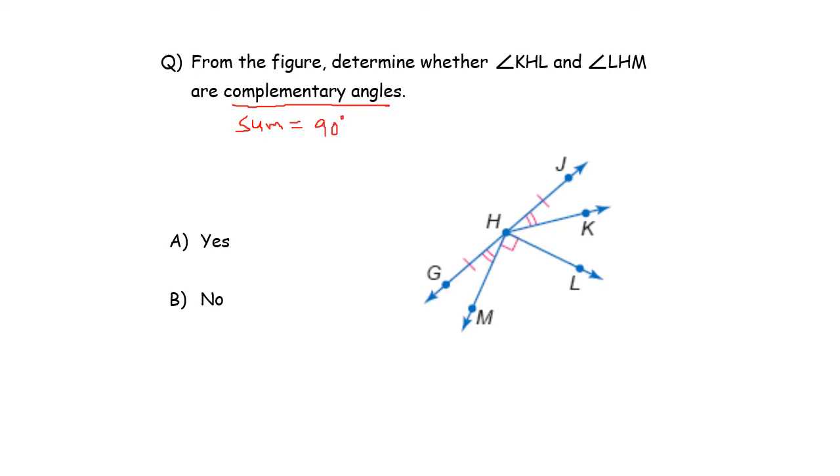So what they're asking, from the figure, determine whether angle KHL and angle LHM are complementary angles or not. So let's verify, let's check. KHL. So this is KHL. Let me just draw this diagram cleanly.